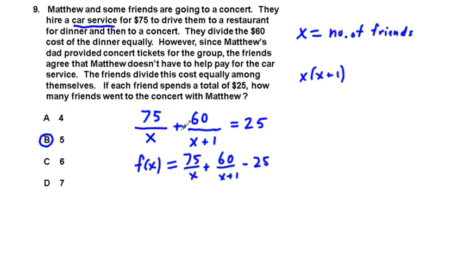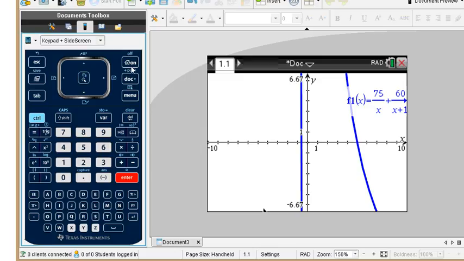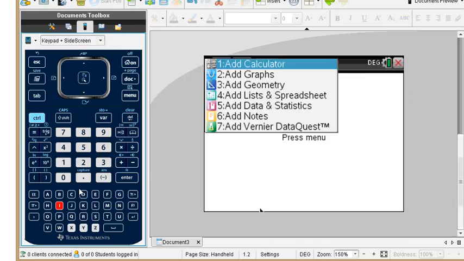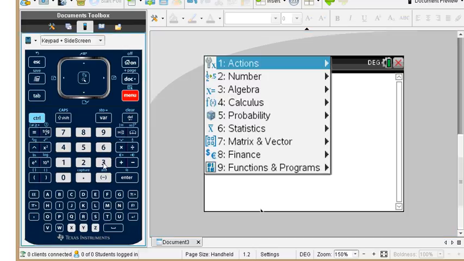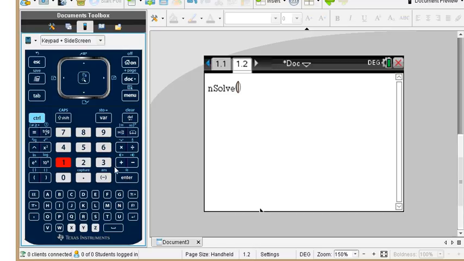Another thing you can do, once you have this equation, is plug in answer choices for x until they equal 25 on the right side. So that's another way of doing it. You can also try numerical solve on this, but let me show you where you get in trouble. If I go over here, Control I, add calculator, menu, algebra, we can do numerical solve.